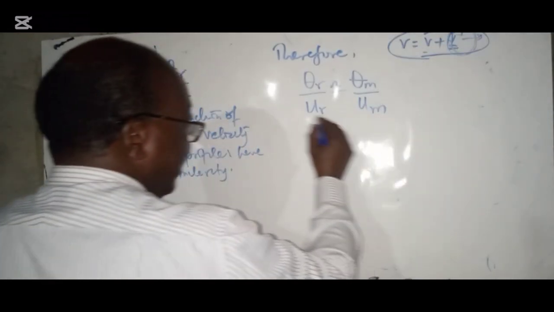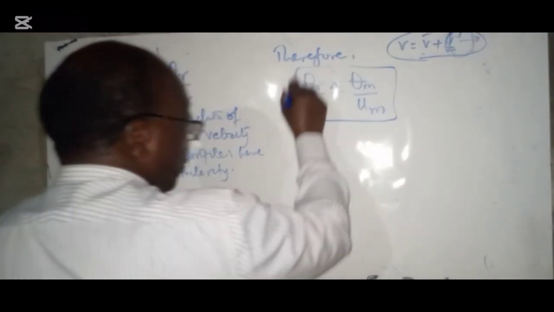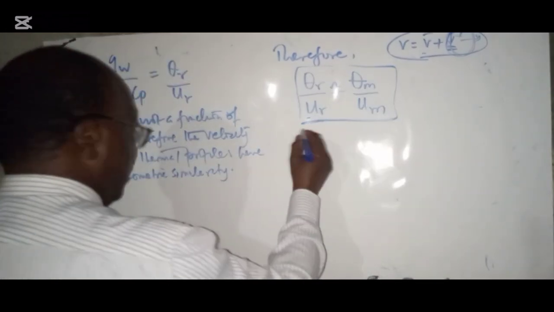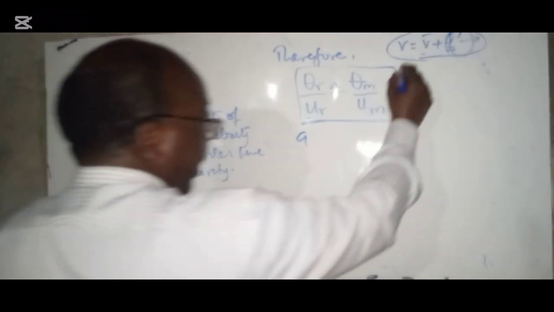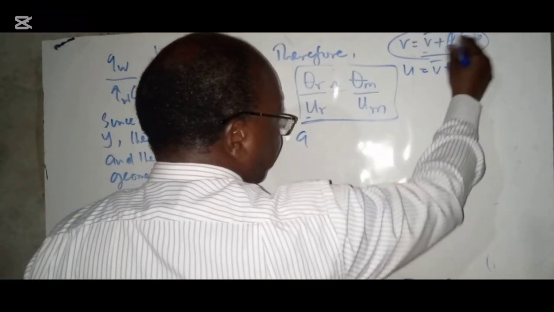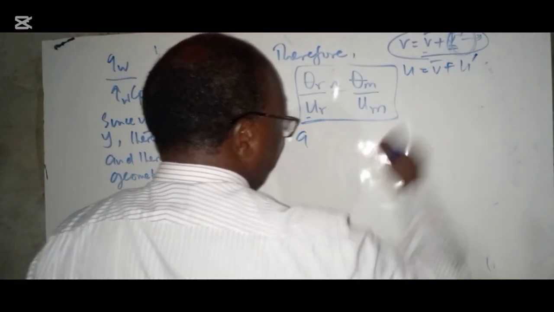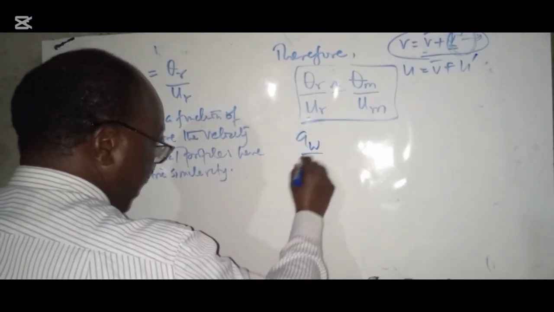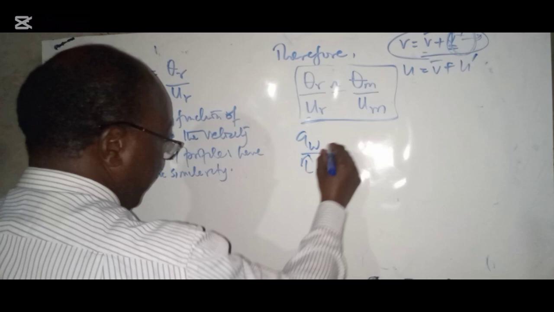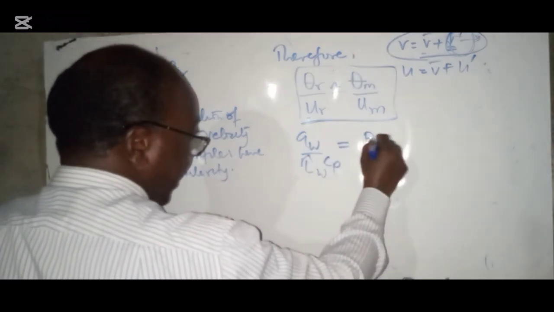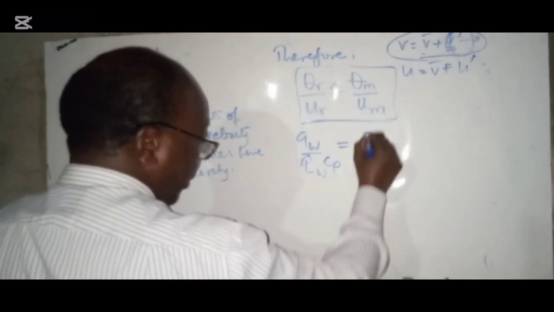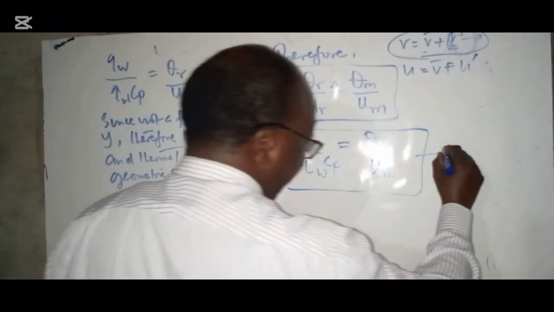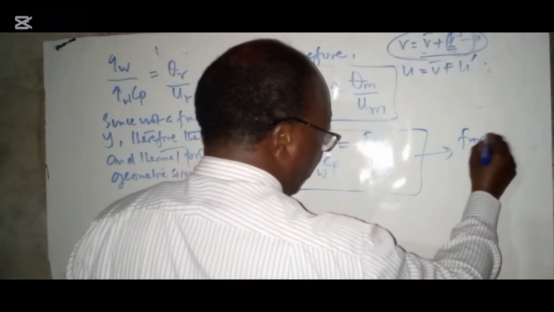The moment we come up with mean values, this expression Q omega, tau omega, Cp can be expressed as theta m for temperature, and these are mean values.